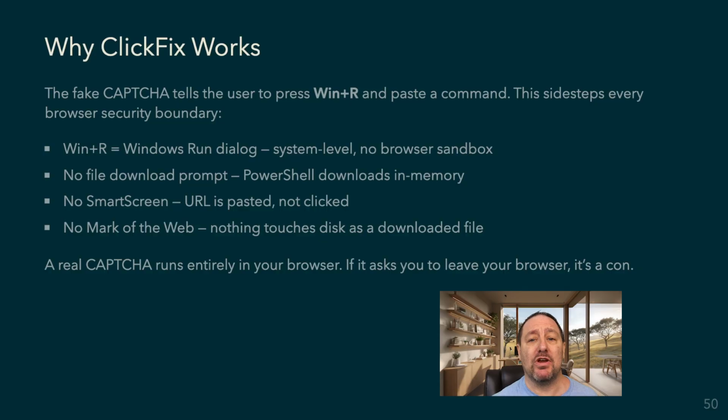There's no SmartScreen URL scan. There's no mark of the web. Nothing touches a disk as a downloadable file. Now, as a caveat, portions of Windows Defender can still scan in memory, but the attacker's probably betting AI doesn't have that signature or the user disabled it. Spoiler alert, for this case, they're right, because it does run.